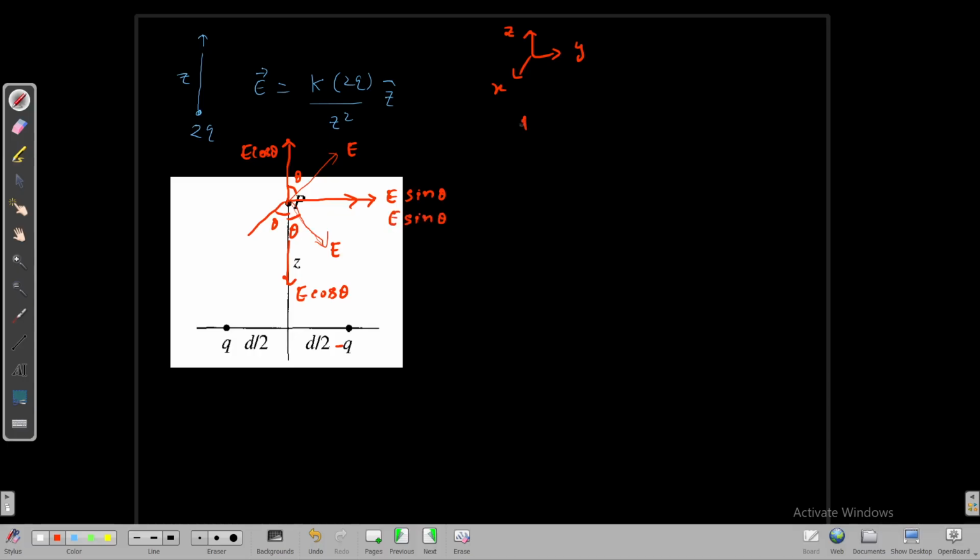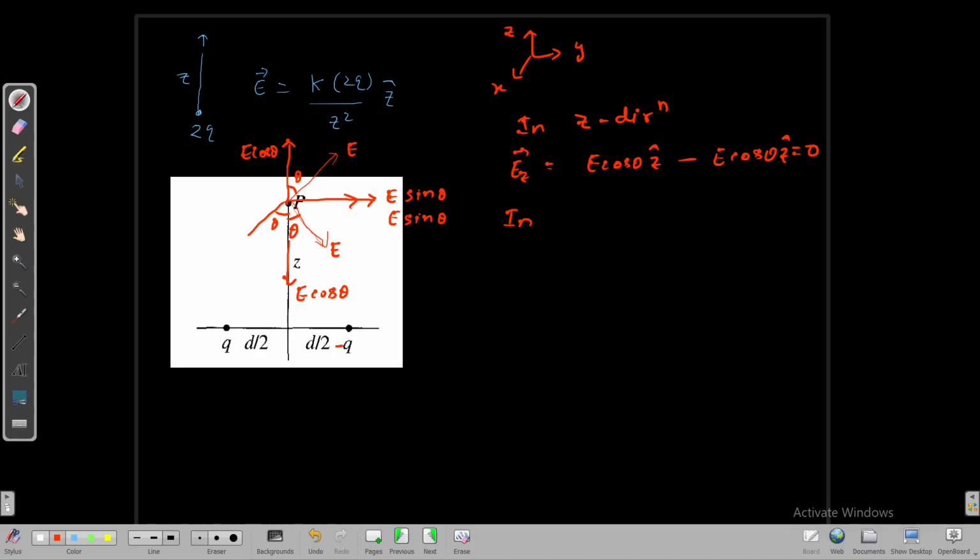So the Ez vector will be E cos theta Z cap minus E cos theta Z cap, which will be 0.